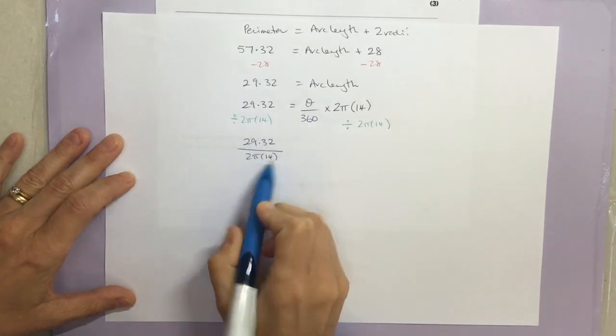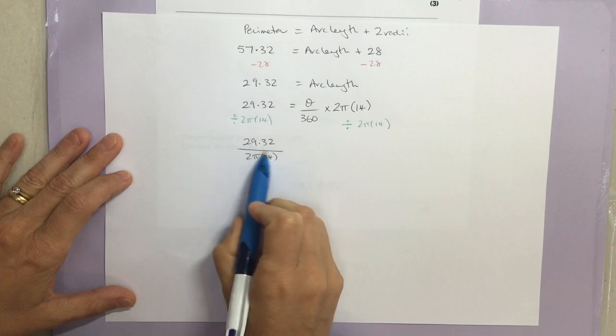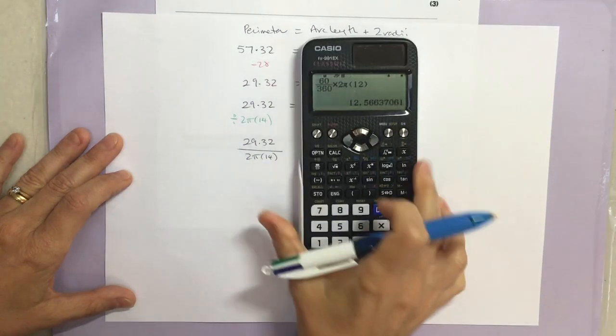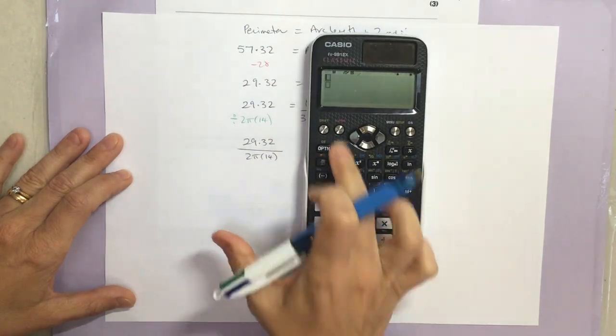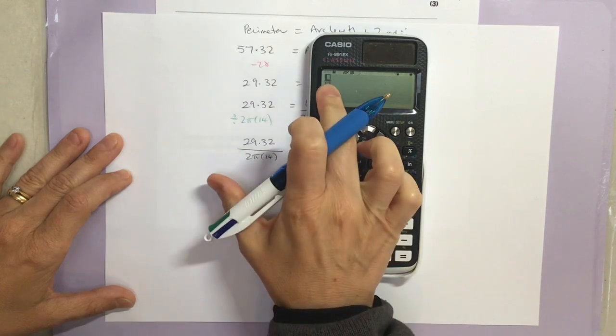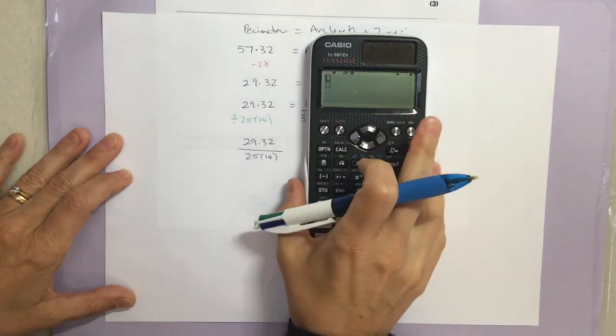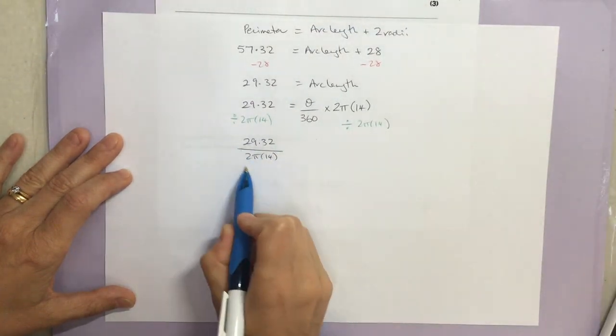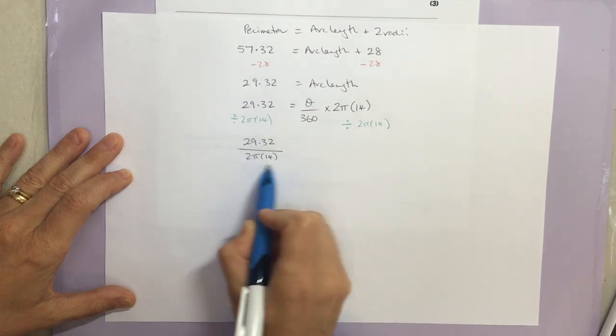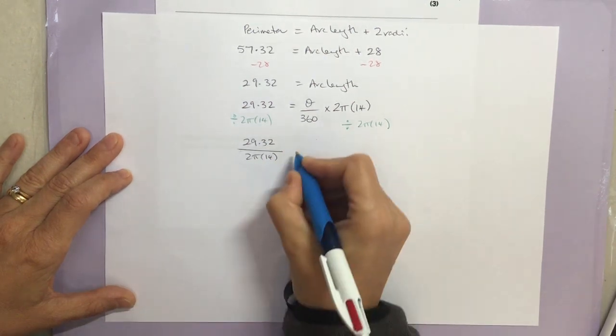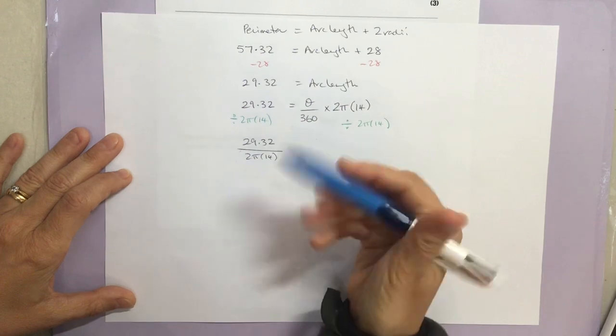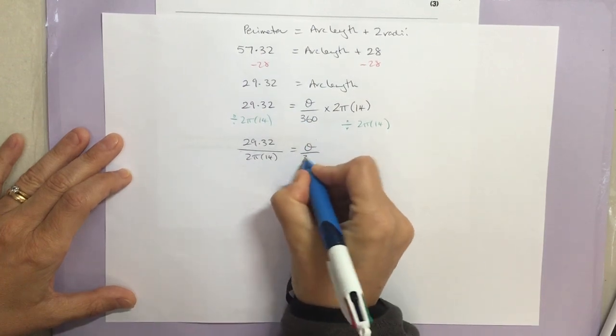And if I'm doing this on the calculator, I need to make sure all of this goes into the denominator. So if you've got a fraction button on your calculator, then that's fine. We can just make sure we type all of that into the denominator. If you don't have that on your calculator, then make sure you're dividing by all of this. So put it in brackets to make sure you're dividing by the whole lot of that denominator. And then that's equal to theta over 360.